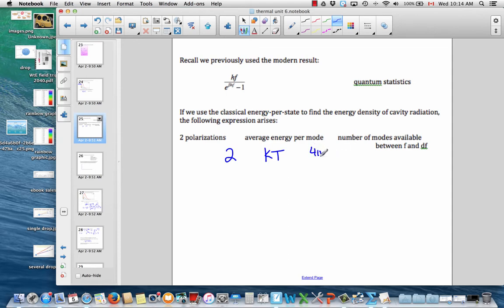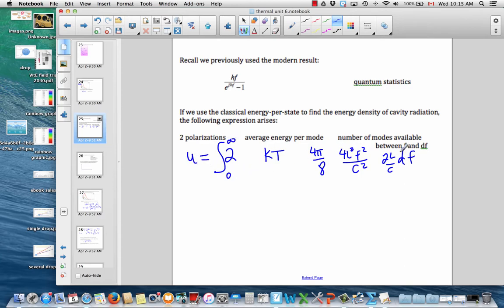We've got to add up all the possible vibrational modes that give us frequencies in this range. You'll recall that was a sphere in n space, and this is r squared of the sphere, and this is dn, the thickness of the sphere. And so adding all of this up over all frequencies, that would be the energy emitted by the hot object.